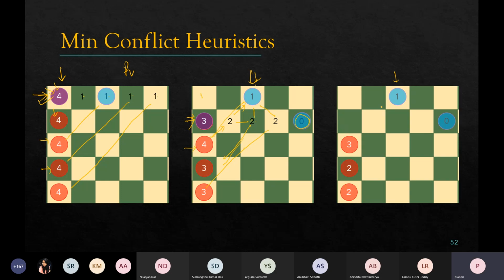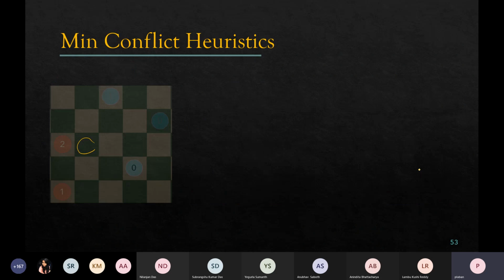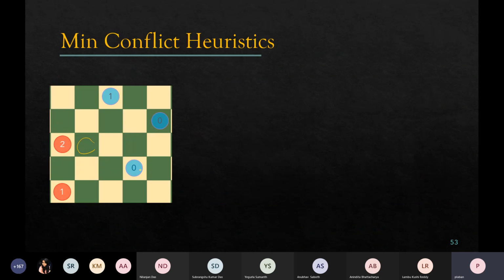If I select this, the conflicts for the other variables are revised. Now I can select any one from these. If I select this, again I compute the conflicts, and this is the minimum, so I can place the queen here. Then I have the revised conflict or H values.